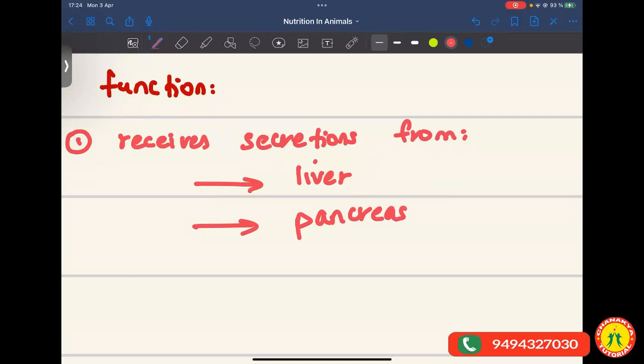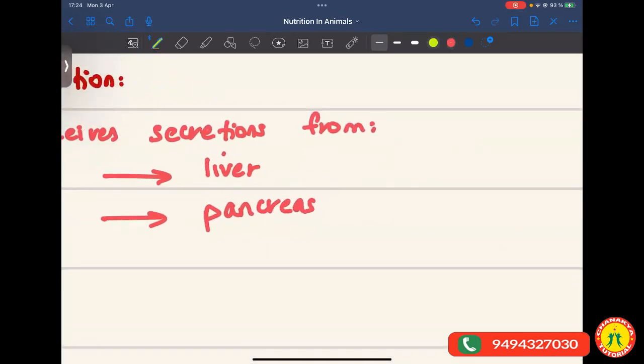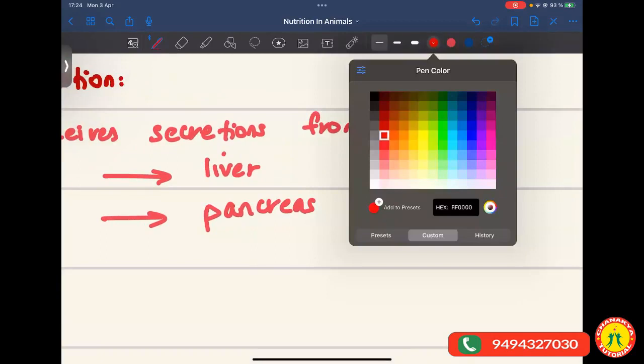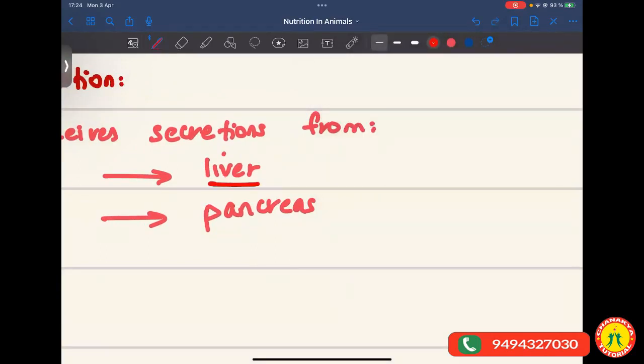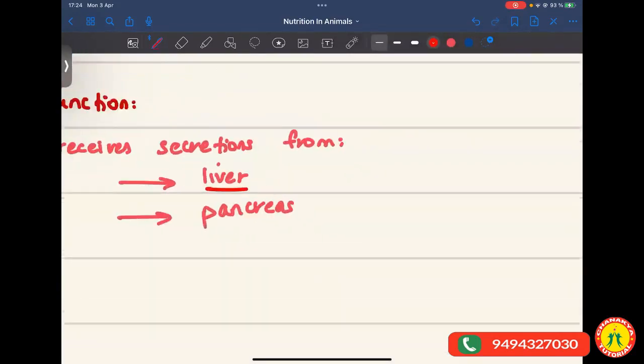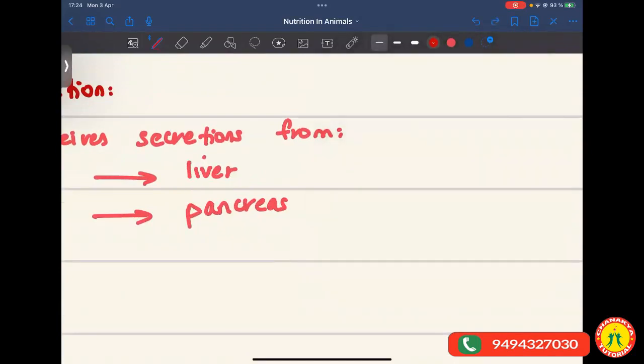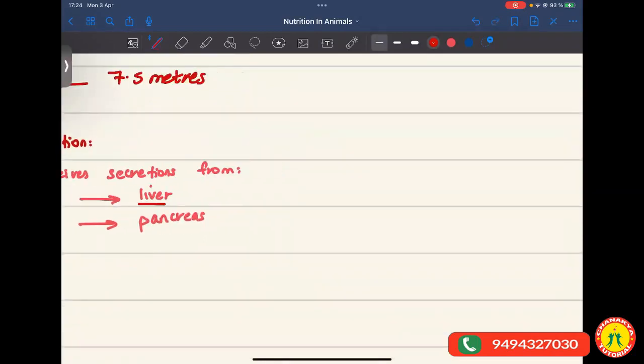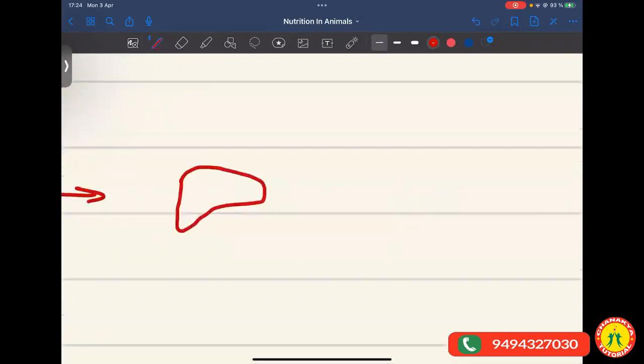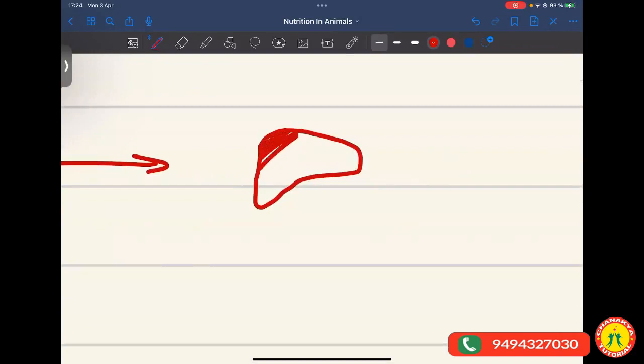Okay. Now first let's talk about the liver. This liver looks something like this, and the liver's color is also the same. It looks something like this.